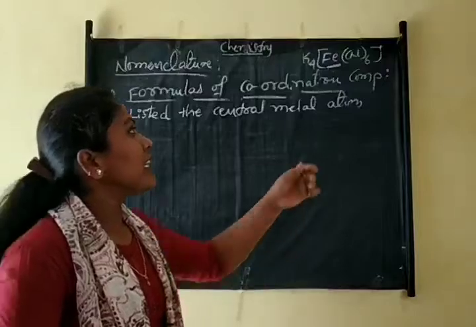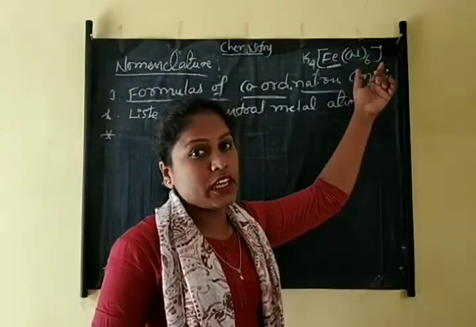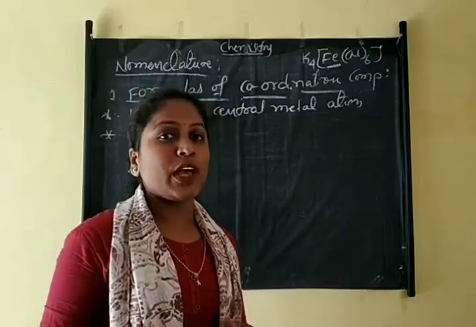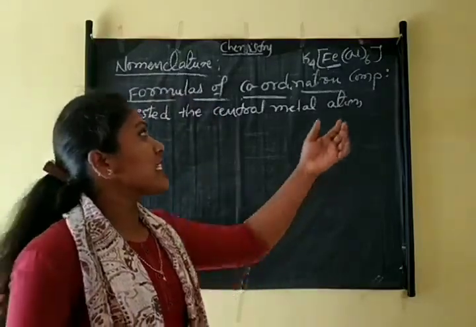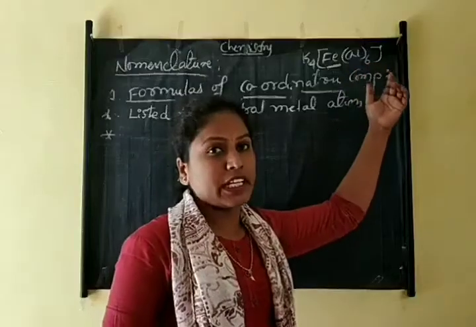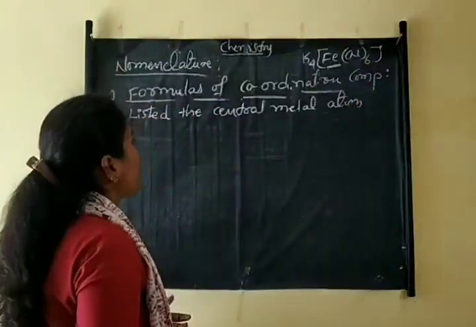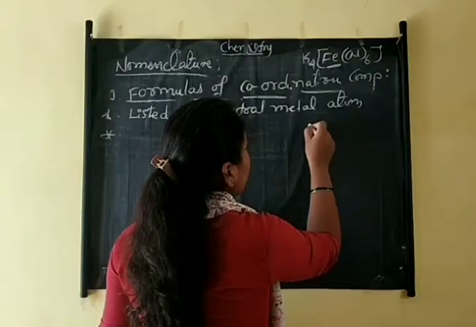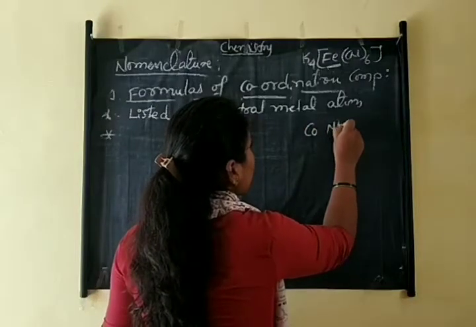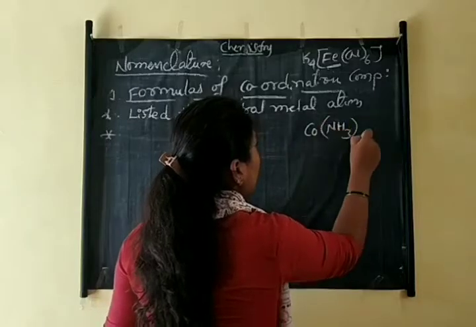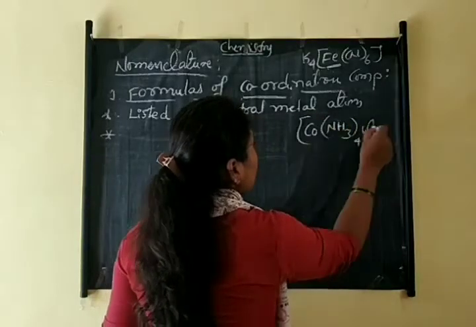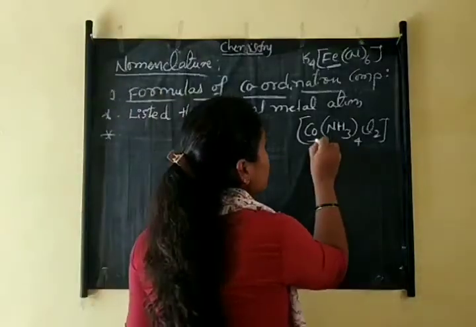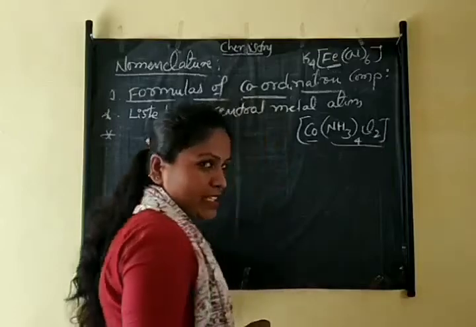Here the ligands are listed in alphabetical order. If the coordination compound contains more than one type of ligand, these ligands are listed in alphabetical order. For example, here you can see this is the central metal atom and these are called ligands, isn't it?